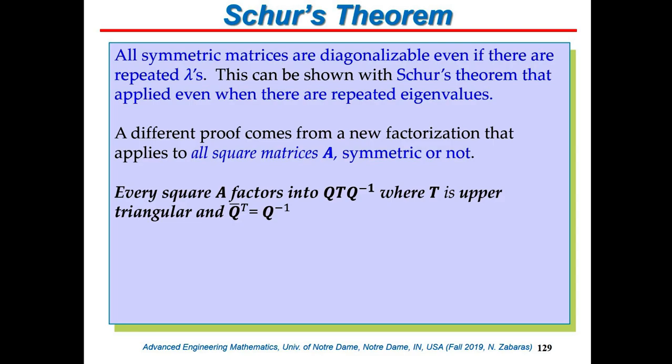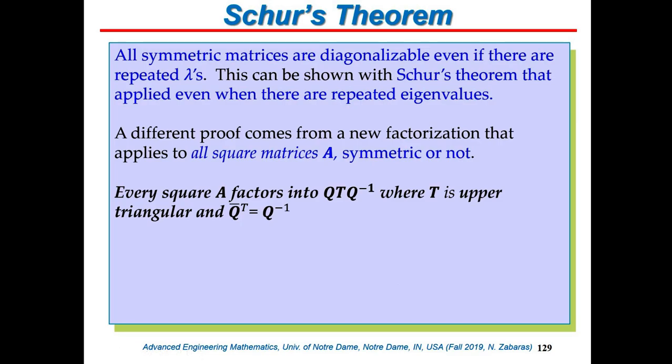So if you want to prove that the spectral theorem for symmetric matrices is still applicable when you have repeated eigenvalues, you can take this theorem and apply it to matrices that are symmetric.